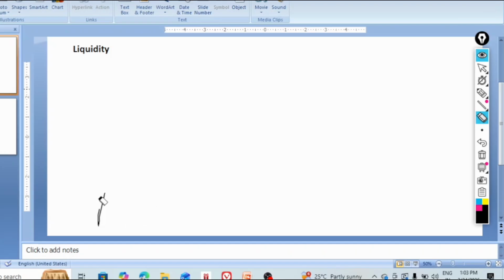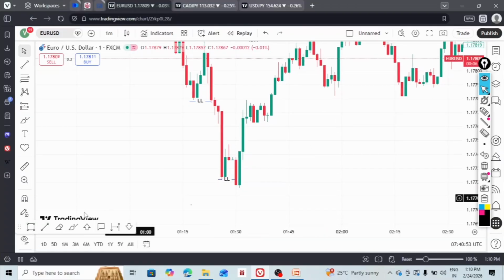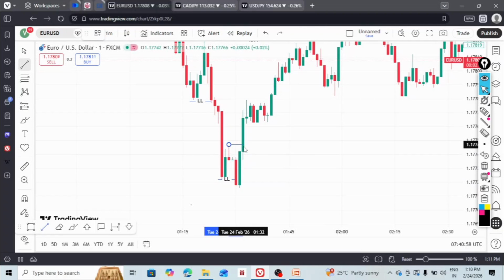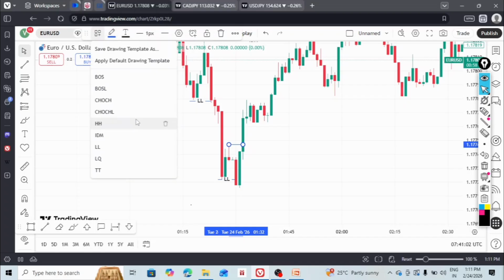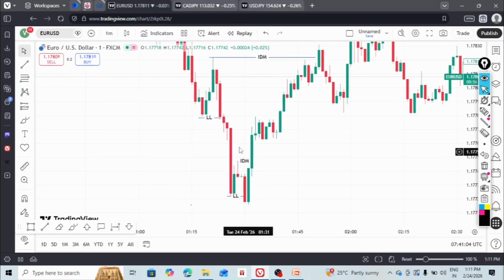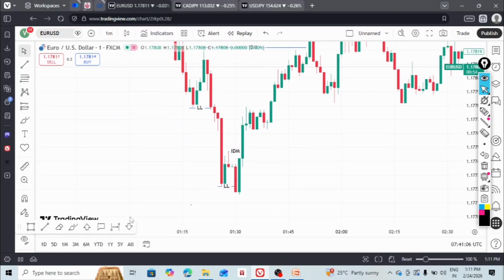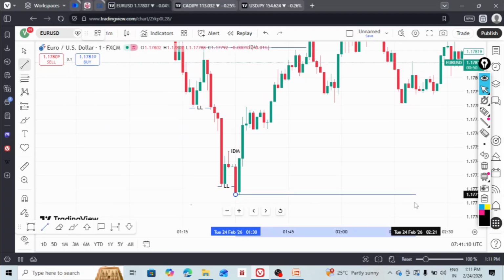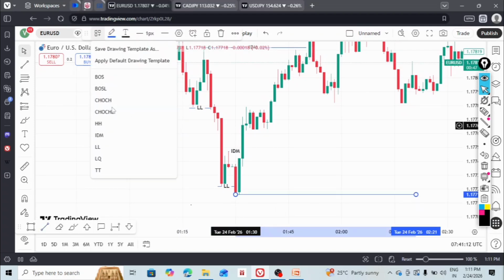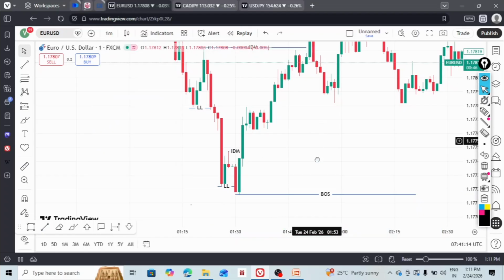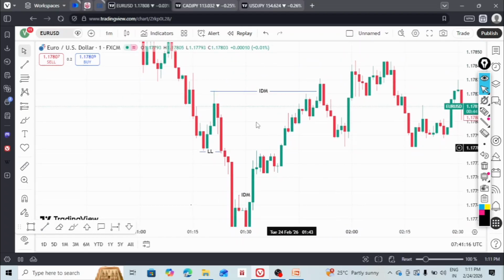So this is it about the liquidity. This is the inducement. Inducement mitigation means we get a break of structure. This is the break of structure, so the market is moving up, right?